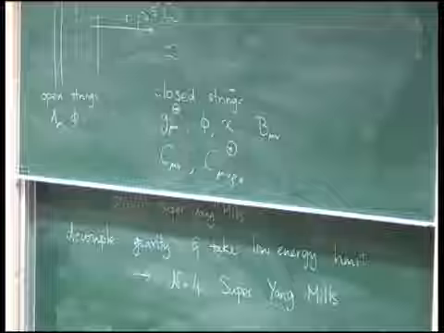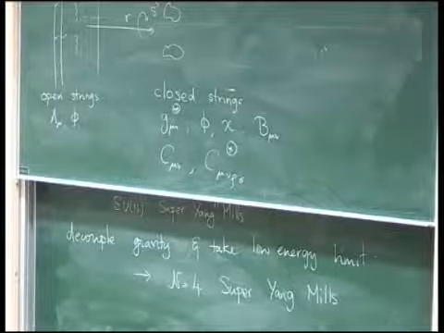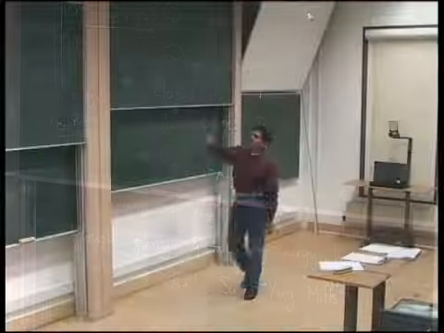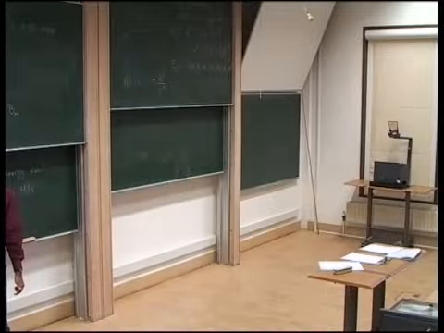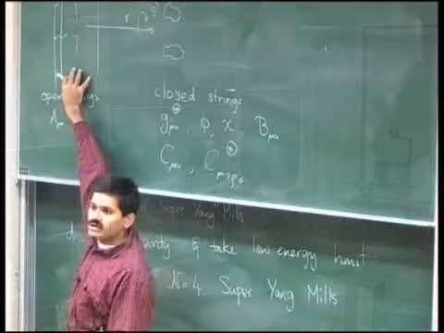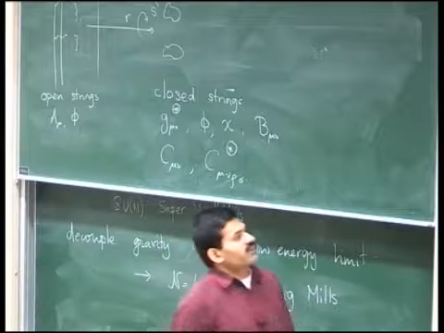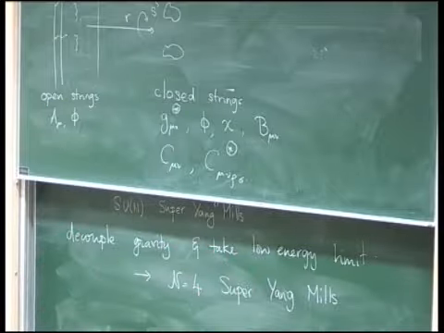The fact that there's a 4-form is what gives you 4-dimensional Lorentz invariance. You have an SO(3,1) symmetry along the brane world volume, and you have an SO(6) invariance coming from the transverse space.